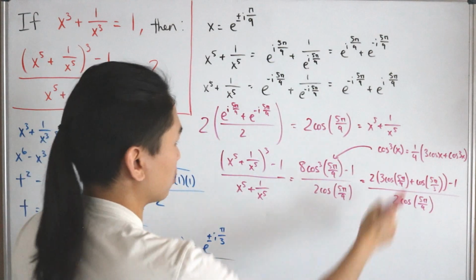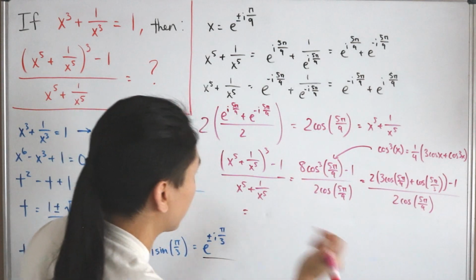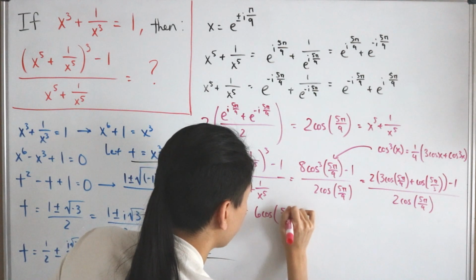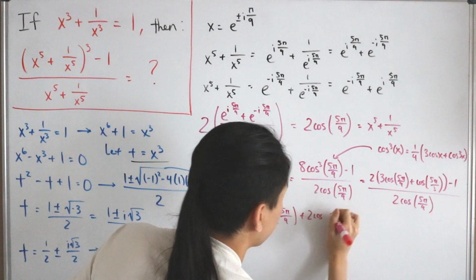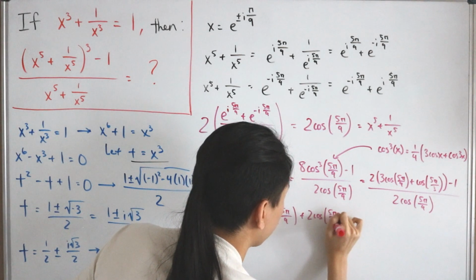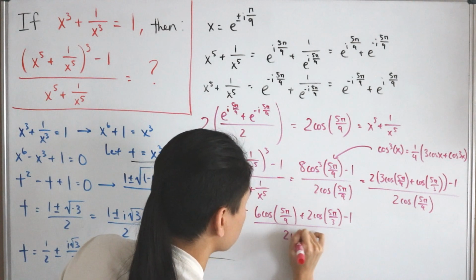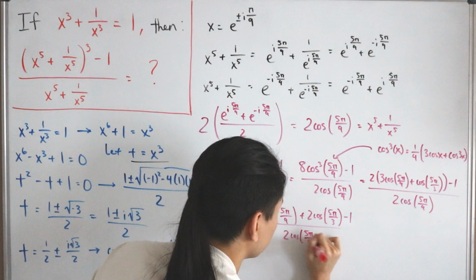Now if I distribute everything, I've got to do that first: 6 cosine of 5 pi divided by 9, plus 2 cosine of 5 pi divided by 3, minus 1. Under the denominator it's the same, but you'll notice that cosine of 5 pi divided by 3 is equal to just 1/2.